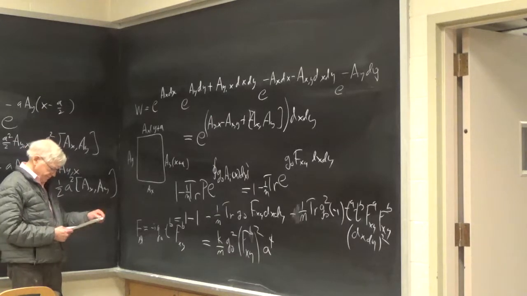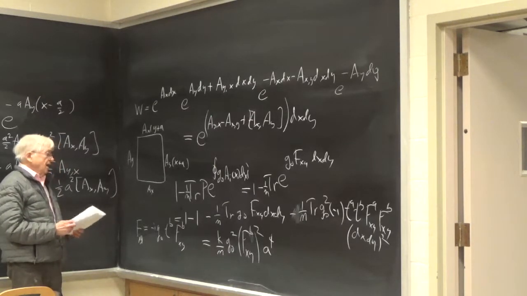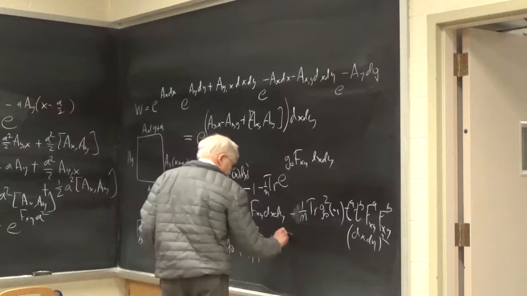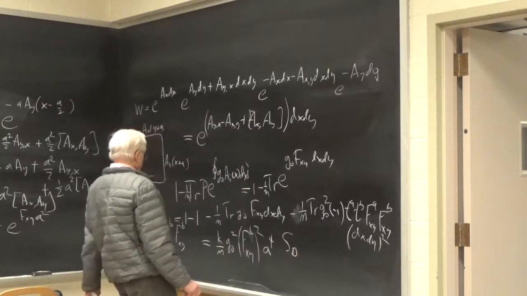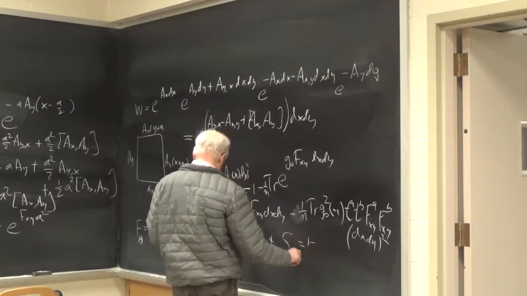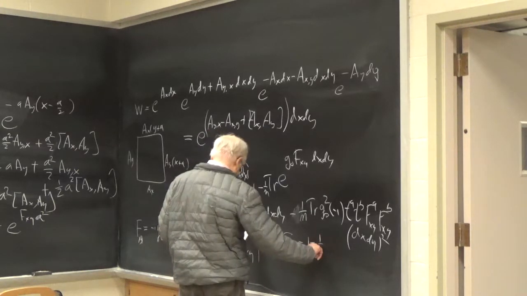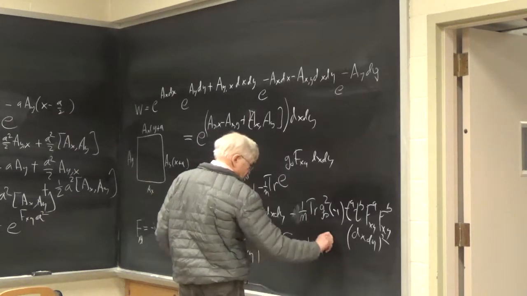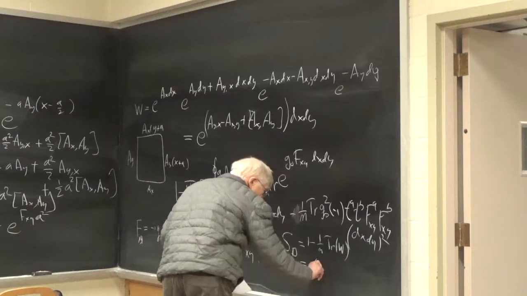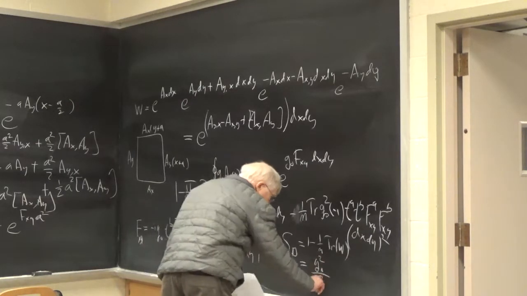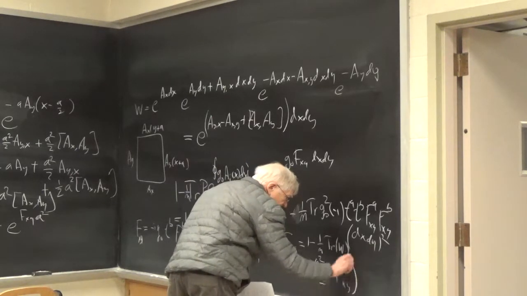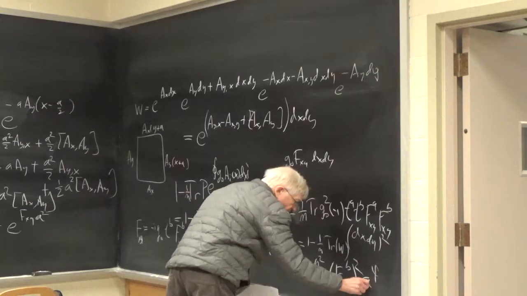And so the action of a plaquette, in other words, is 1 minus 1 over N times the trace of this thing I call W. And altogether, at least if we get all the factors right, it's g0 squared over 2, F_B, say, XY squared, a to the fourth.